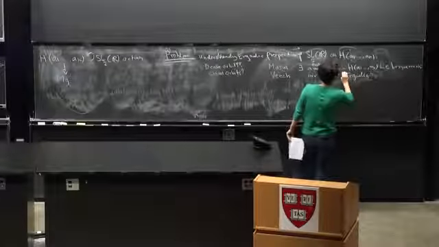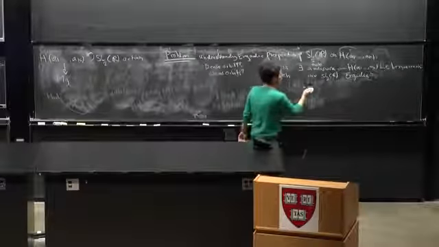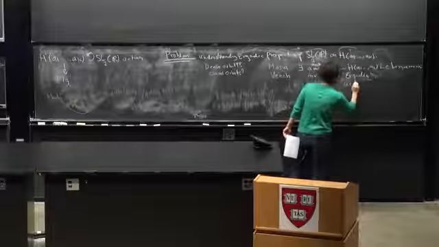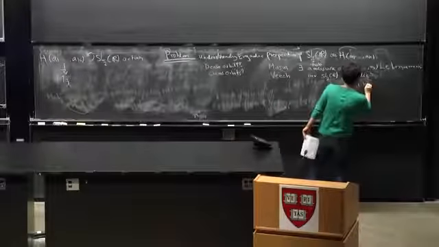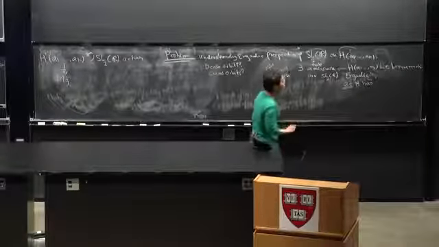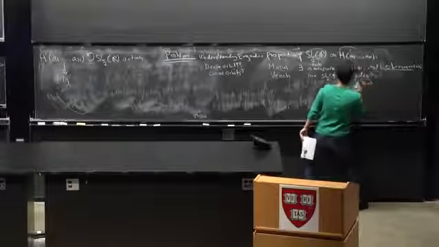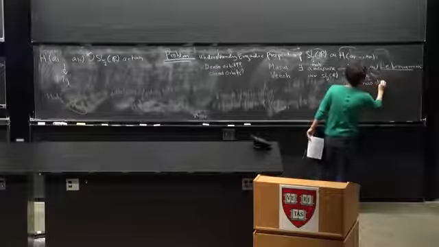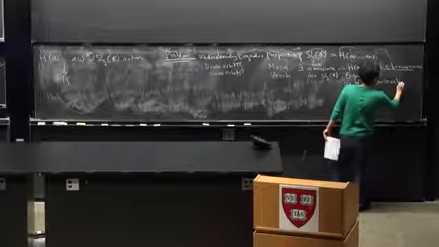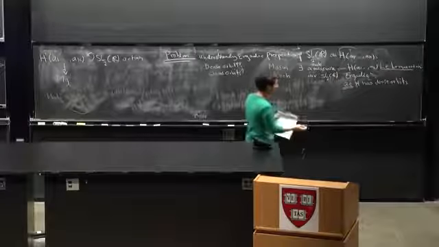But for now, what it means is that almost every point, with respect to this measure, has dense orbits.